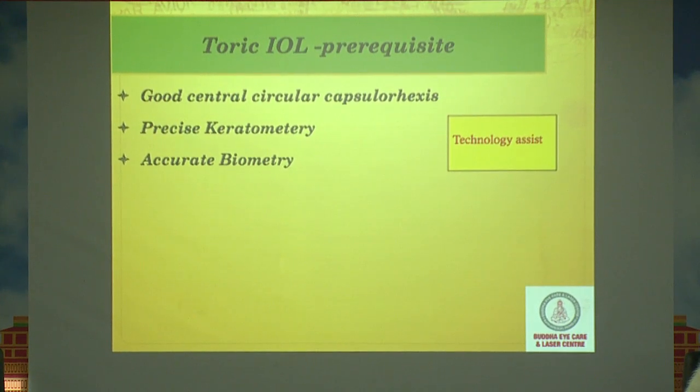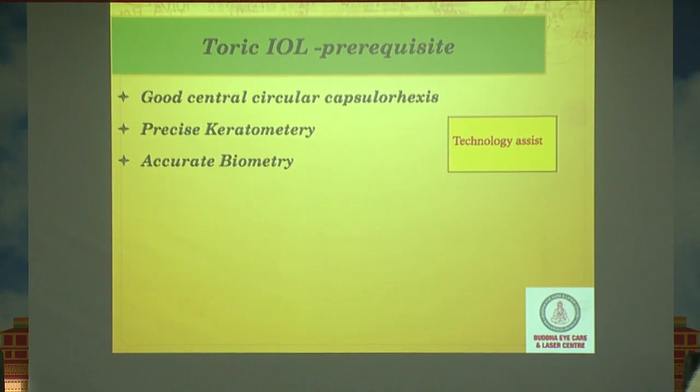If you have beautifully implanted the toric IOL, but your biometry is not good, it is again a source of dissatisfaction to the patient. And you must know your surgically induced astigmatism, because while making the calculation, you must incorporate your surgically induced astigmatism to have a better outcome.